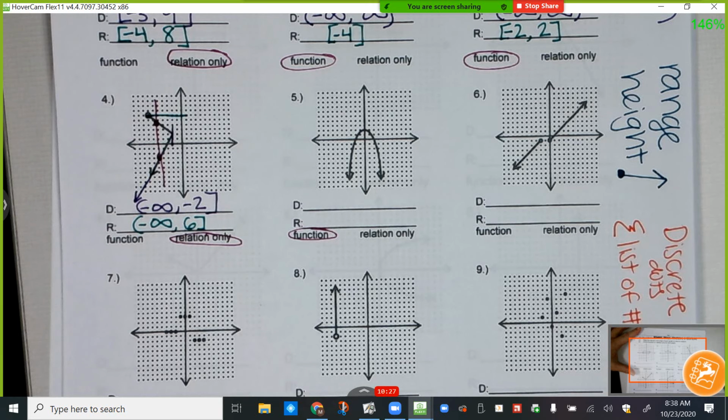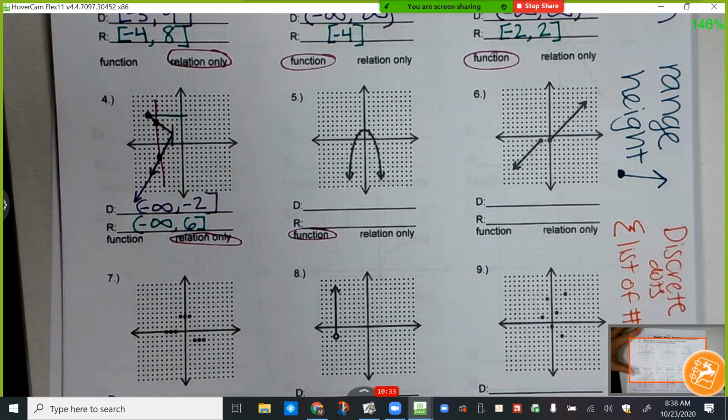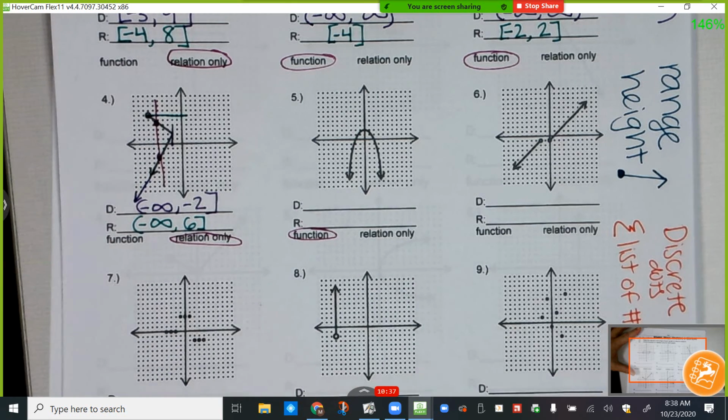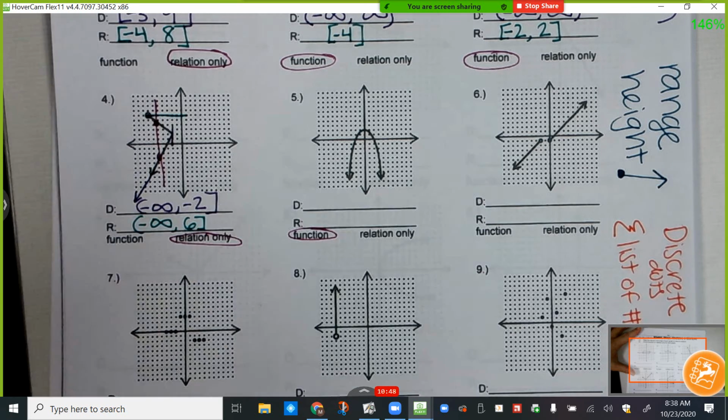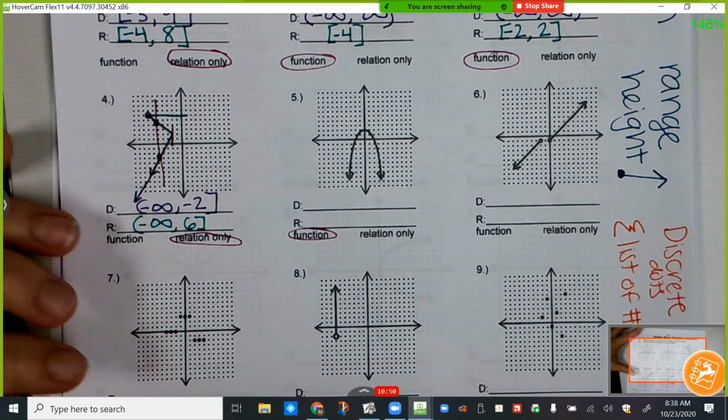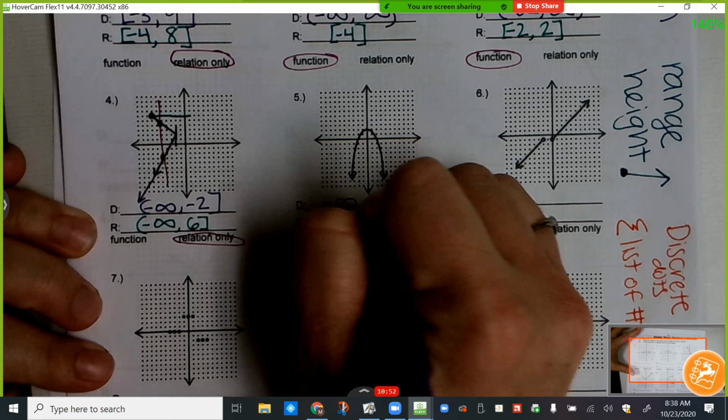Quadratic. Okay, I forgive y'all. So domain, side to side, is that U ever going to quit getting wider? Or is it going to get wider forever? Yeah, forever. It's going to get super slow, but it's going to keep getting wider. So my domain is negative infinity to infinity.